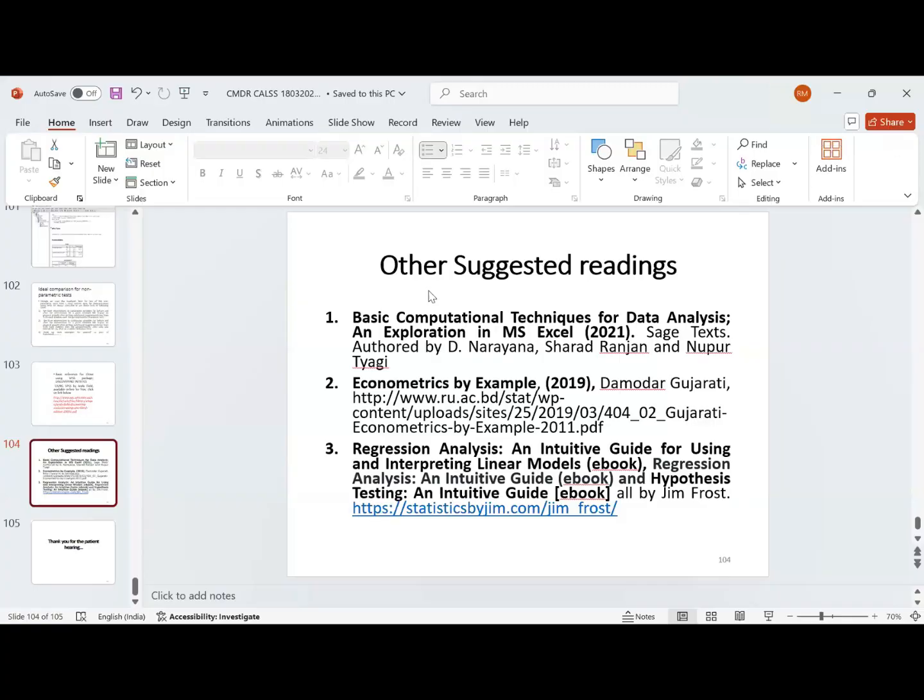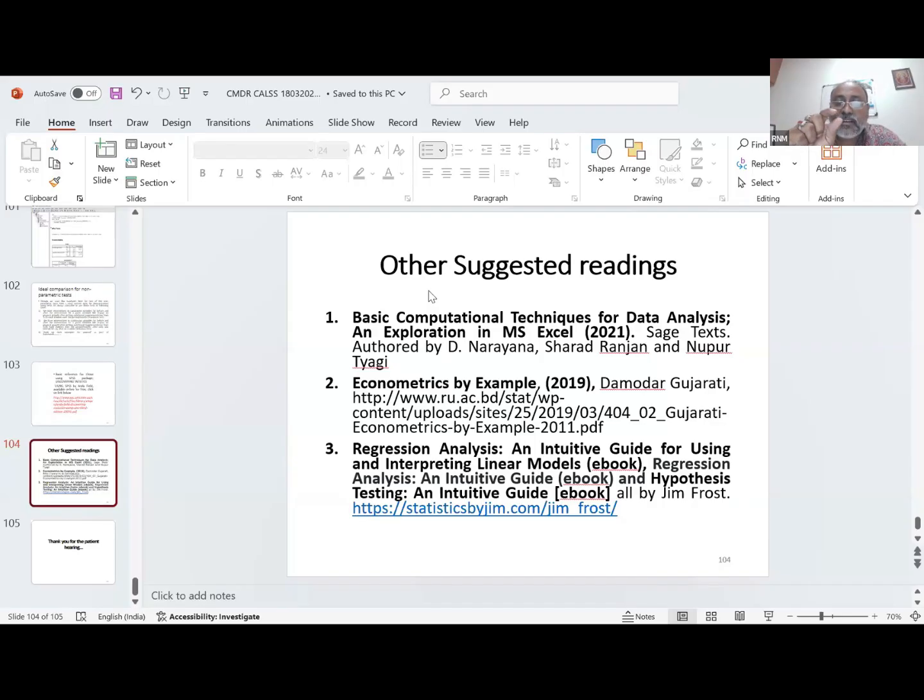Okay, sir. Another thing I can tell you, all these non-parametric tests, if you do not have SPSS or data, you can do in Excel also. There is a very good book that has come, and I'm proud that he is my guide also, by Professor D. Narayana and two of his associates, who have very nicely compiled how to do all the major commonly used statistics tools in Excel.